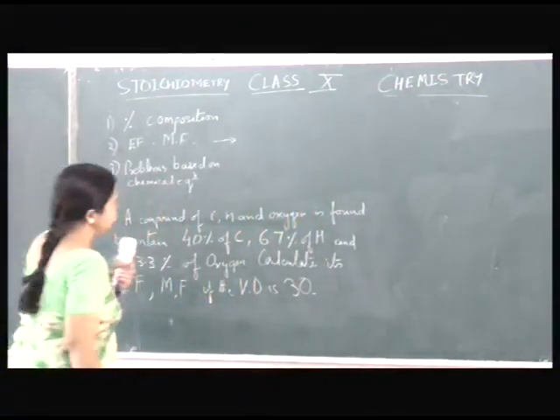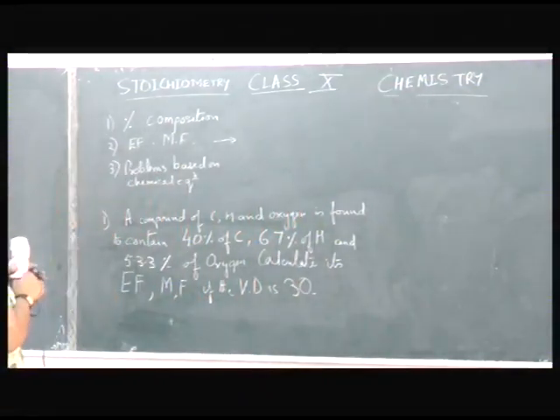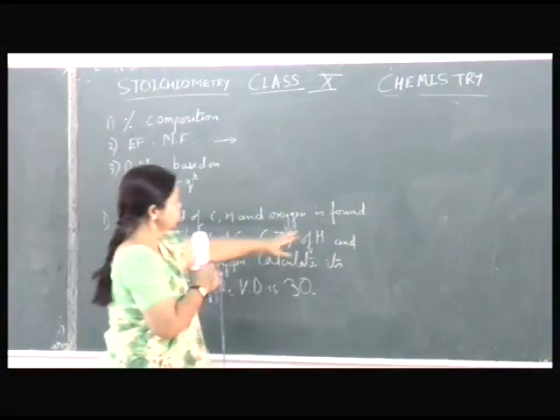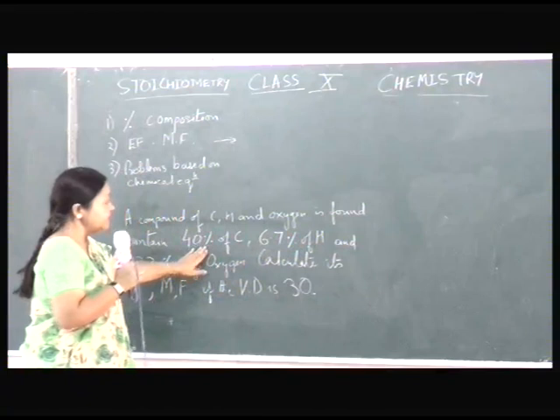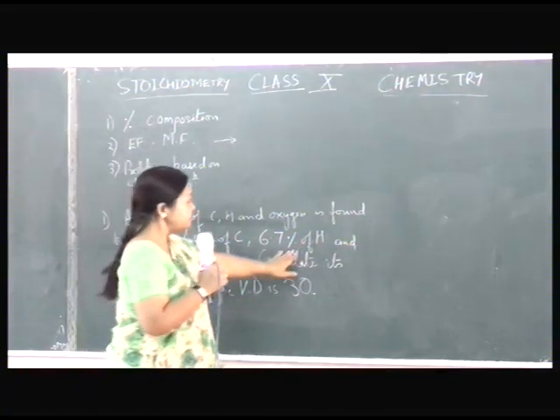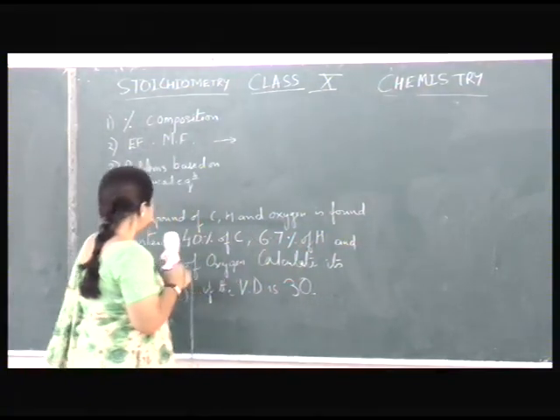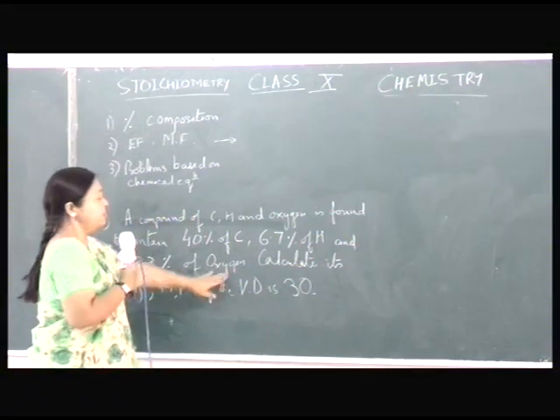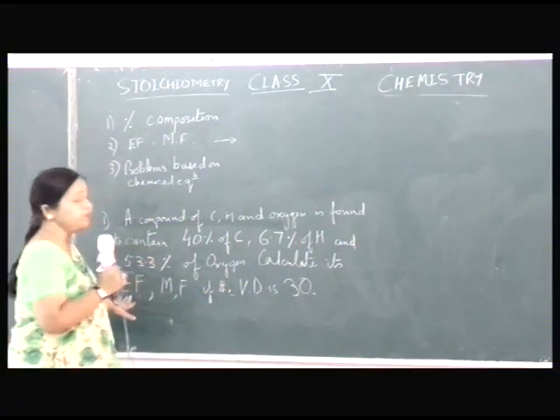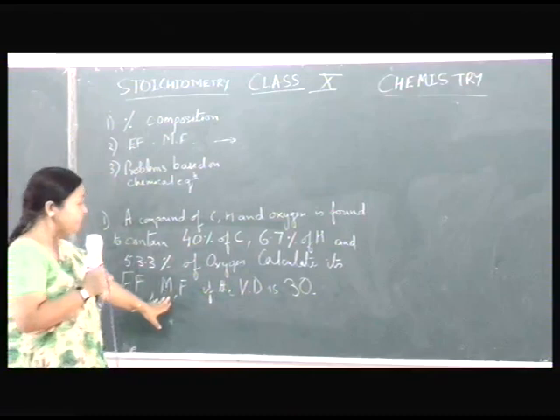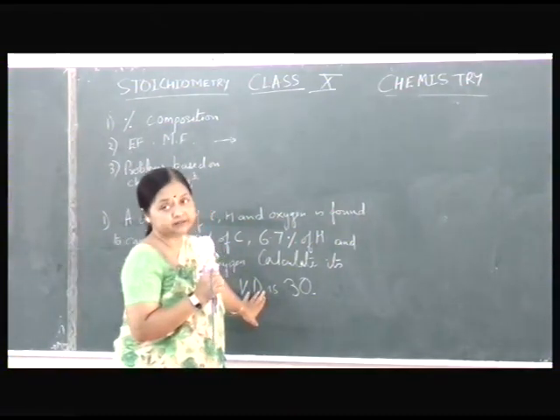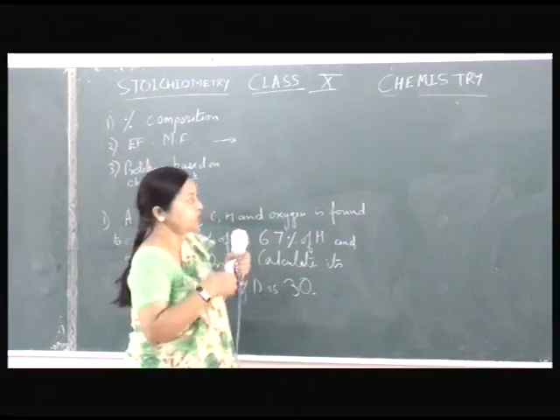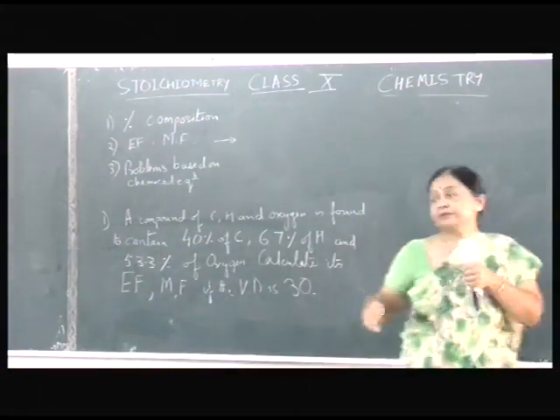Let us see this. A compound of carbon, hydrogen, oxygen is found to contain, this is a percentage composition given, 40% of carbon, 6.7% of hydrogen and 53.3% of oxygen. Calculate its empirical formula and the molecular formula, if the vapor density given is 30. Now for this you have to draw a chart and you have to remember this.